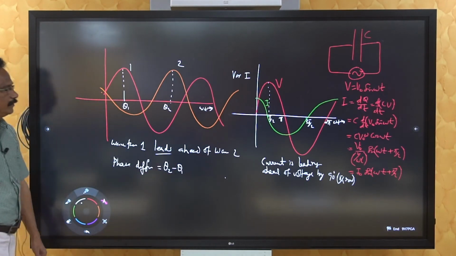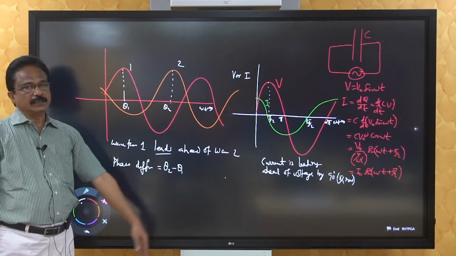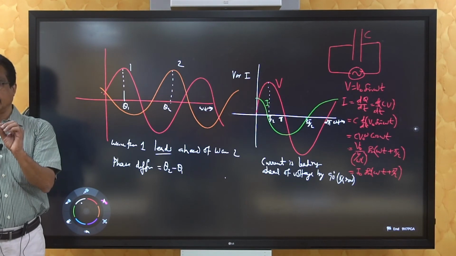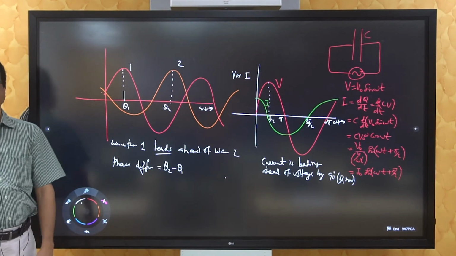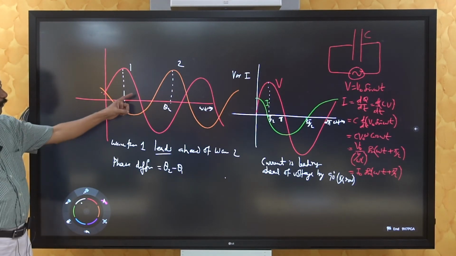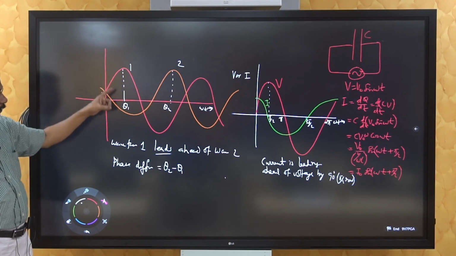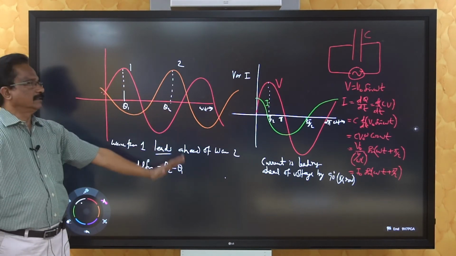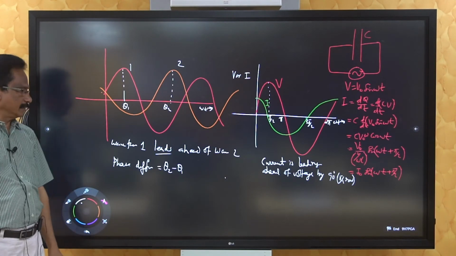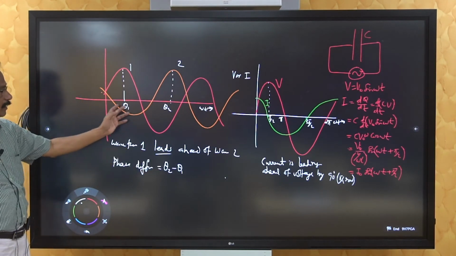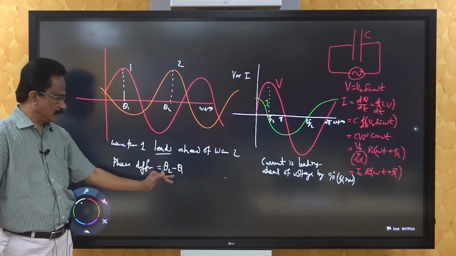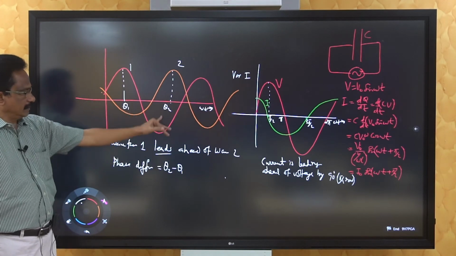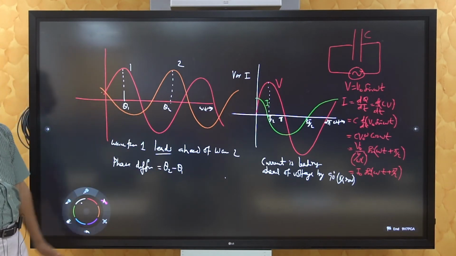Thus, in general, if we have two waveforms, identify the appearance of their peaks. The waveform whose peak appears first is leading and the other one is lagging. The phase difference is calculated by noting the difference between the angles. Here in this case, theta 2 minus theta 1 is the phase difference.